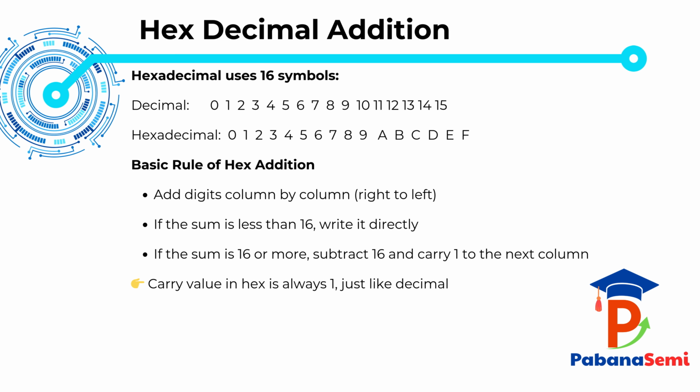However, if the sum is 16 or more, we subtract 16 from the sum and carry 1 to the next column. It's important to remember that the carry value in hexadecimal is always 1, just like in decimal arithmetic. The only difference is the base. Once you remember the hex digit values and the carry rule, hexadecimal addition becomes straightforward and intuitive.